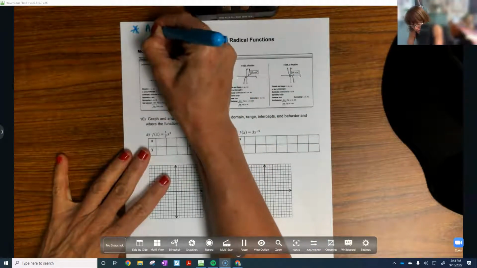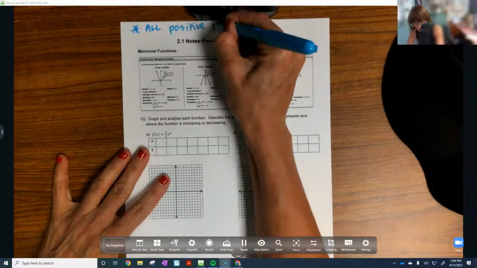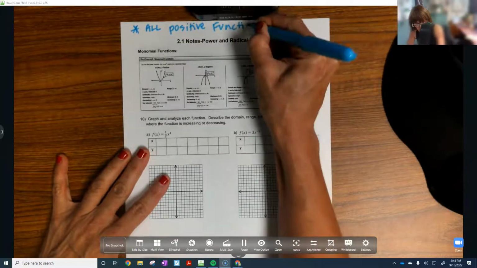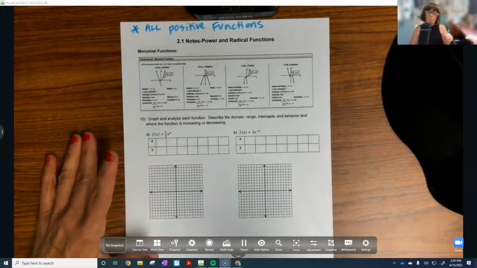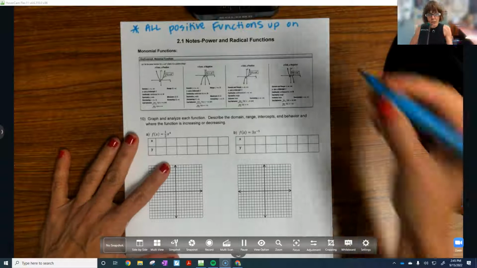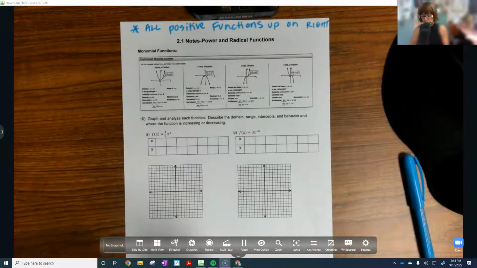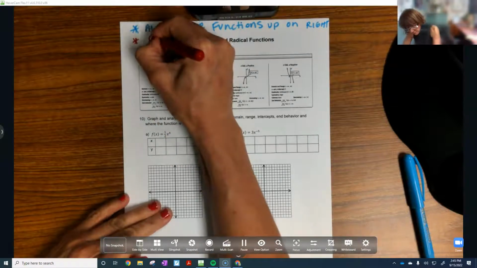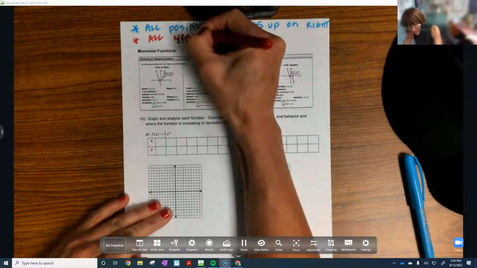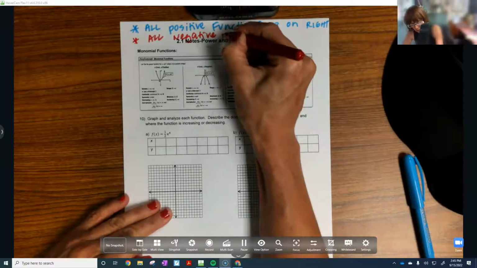Remember, all positive functions are going to be up on the right, and I'm talking about the right side of the graph. And of course, all of your negative functions are going to be down, and I'm talking about the right side of the graph only.